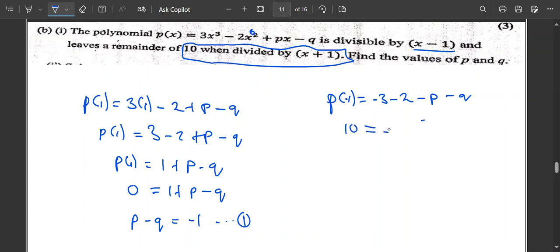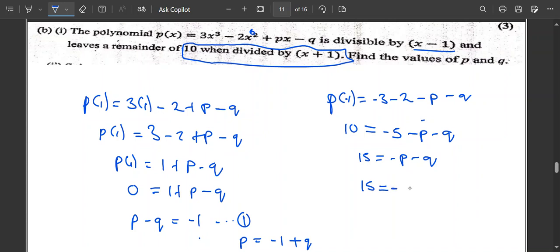Then minus, here it's negative 5. Then negative P minus Q. Here when it comes there, that will be 15 is equal to negative P minus Q. I can make P the subject of the formula at this point. From this equation, I'll say P is equal to negative 1 plus Q. So whatever there is P, I'll put that value.